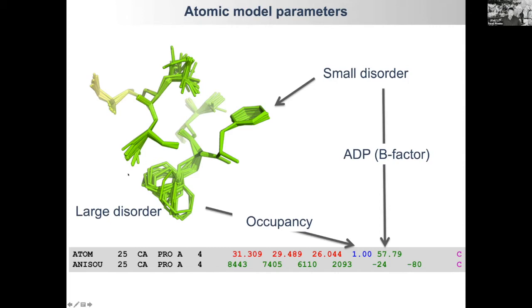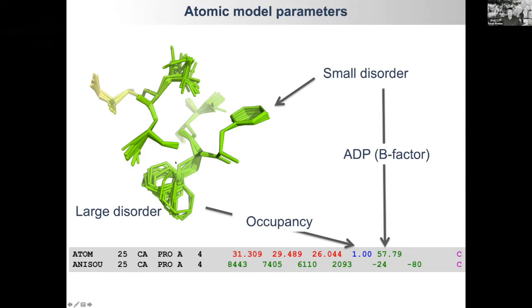For the large disorder, really what we think of is that you can distinguish particular individual locations of atoms in the map. Like in this exaggerated example, where for the phenylalanine side chain, you have pretty much two distinct conformations, right?